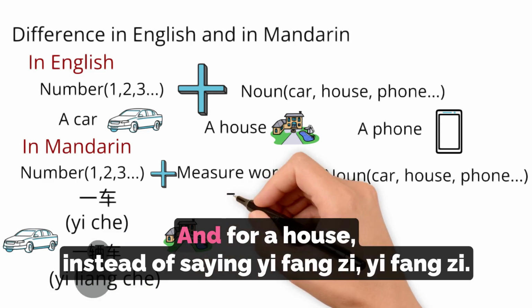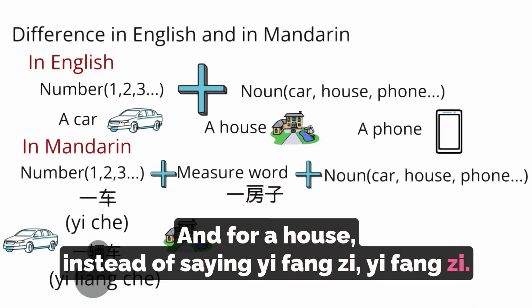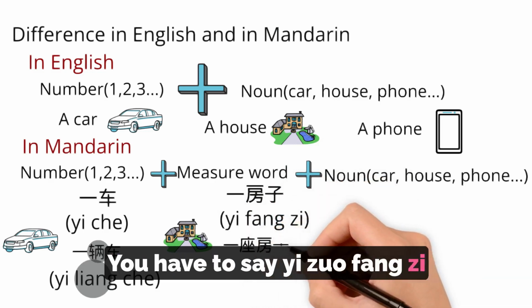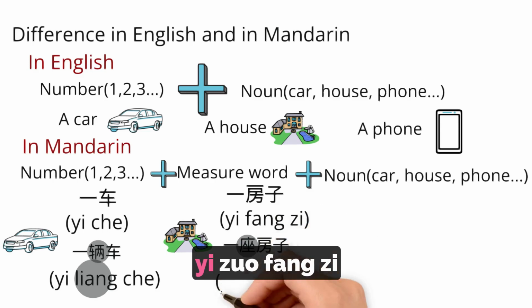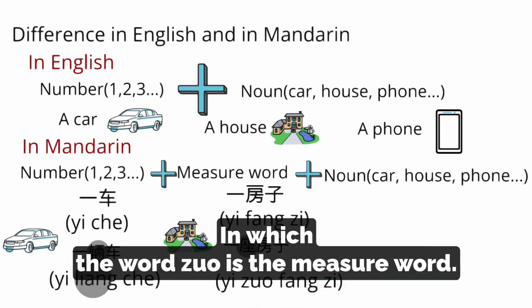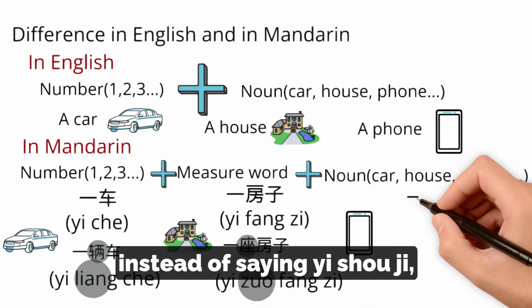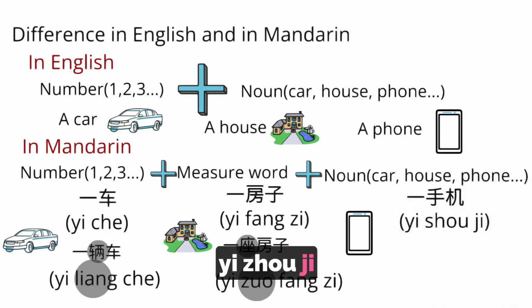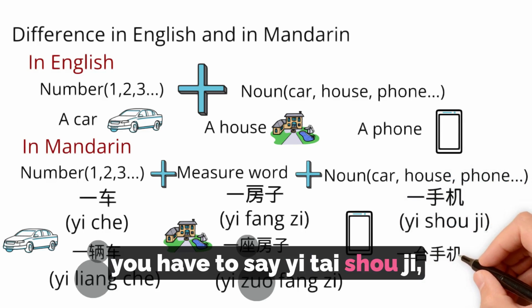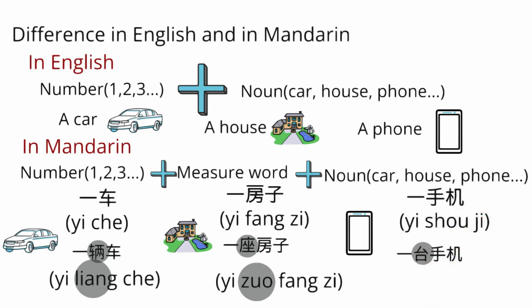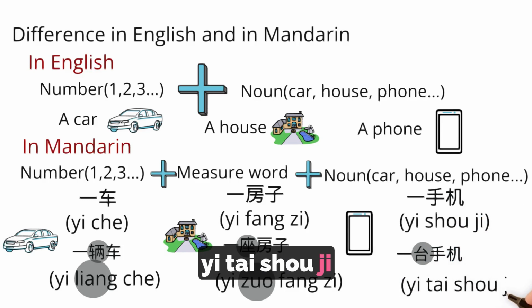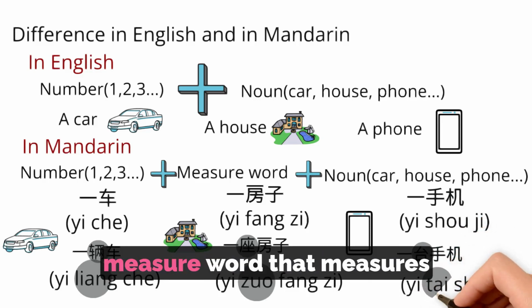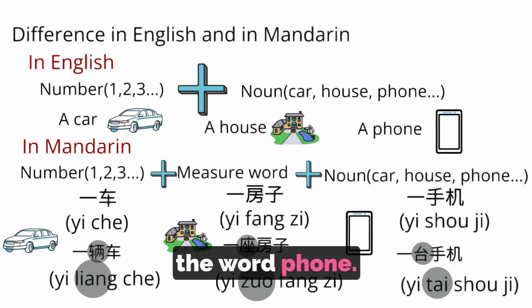And for a house, instead of saying 一房子, you have to say 一座房子, in which the word 座 is the measure word. And for a phone, instead of saying 一手机, you have to say 一台手机, in which the word 台 is the measure word that measures the word phone.